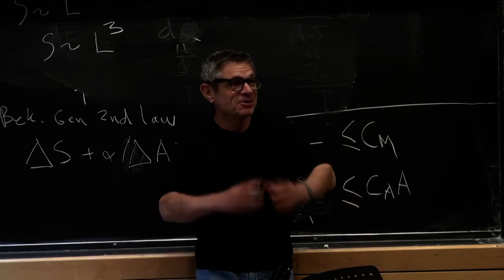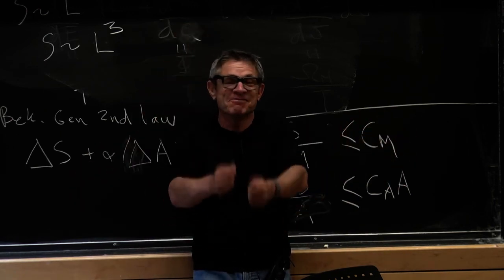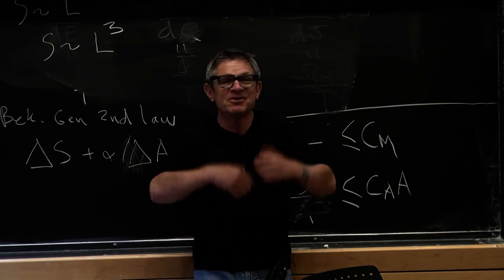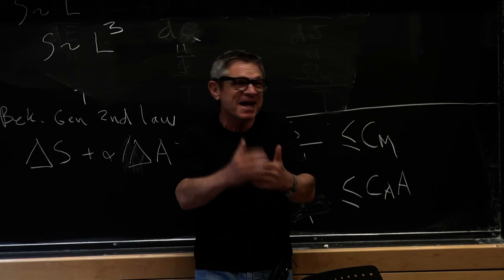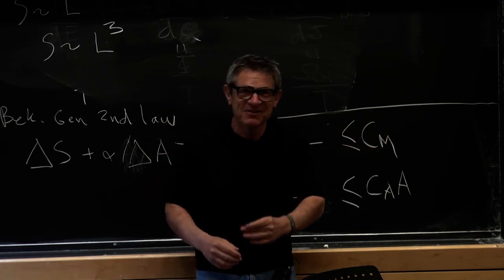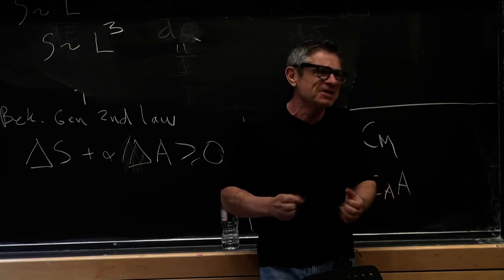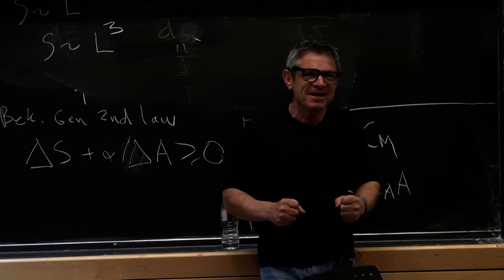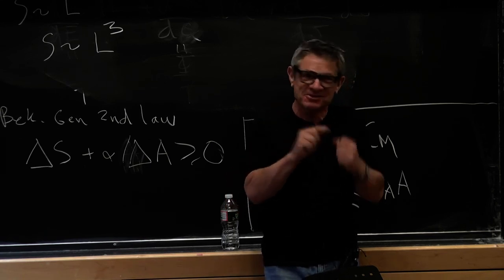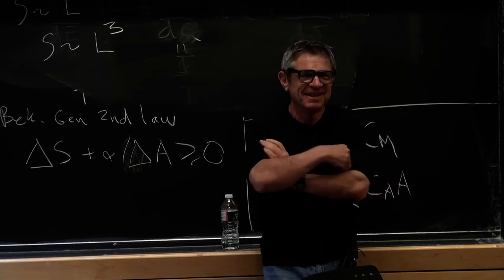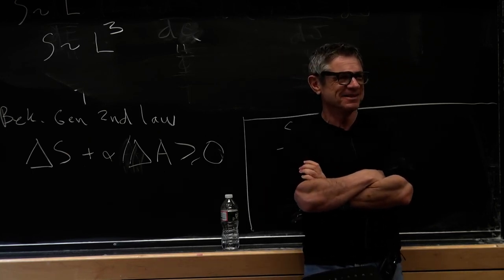They put matter into long, thin boxes and lower it down to a black hole, and they think they found a violation, and then it turns out they forgot about the radiation pressure of the Hawking radiation, and you put that in, and it rescues the law, and so on. There have been lots of occasions where people say, aha, this can't be right because of this experiment, and then you think about it harder, and you realize it does work.